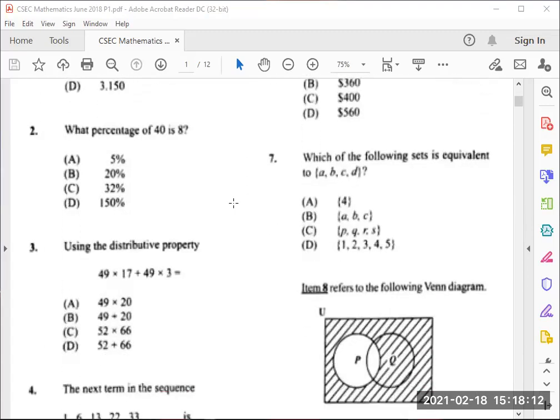Number 2, what percentage of 40 is 8? What's the answer there? Ariana says, oh, Jean says A. All right.